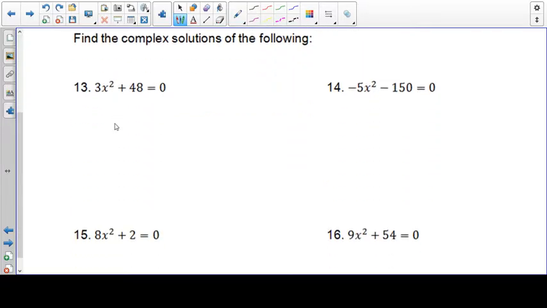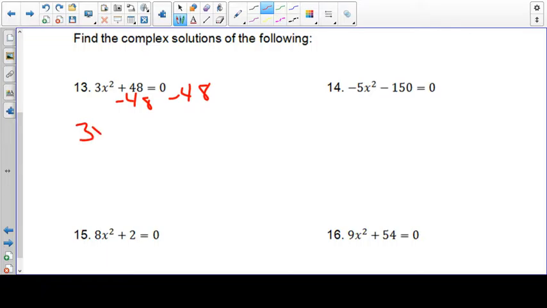Okay, so now what we're going to do is we're going to find some complex solutions. So this is where you're going to want your calculator. So in this goal, I want to get x by itself. So I'm going to first move over 48.